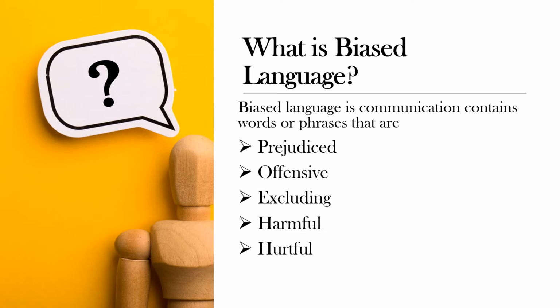It includes words, phrases, and expressions that belittle or dismiss groups because of the identity factors. It can also convey the superiority or inferiority of a specific group. In short, the words we use can have questionable associations and implications for the audience.